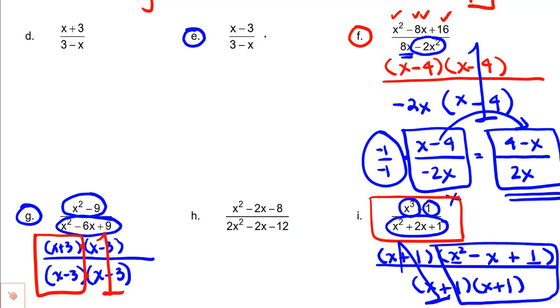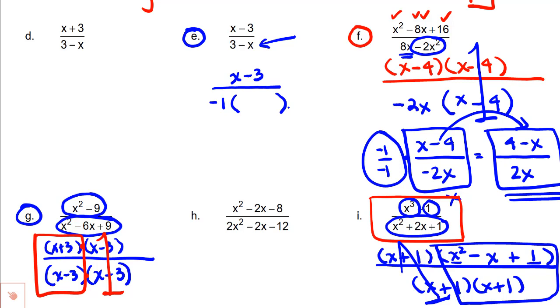Now, I'm going to say something that I hope you understand. On the bottom, listen carefully. I can factor out a negative 1 that's already there. So here it comes. I'm factoring out a negative 1.